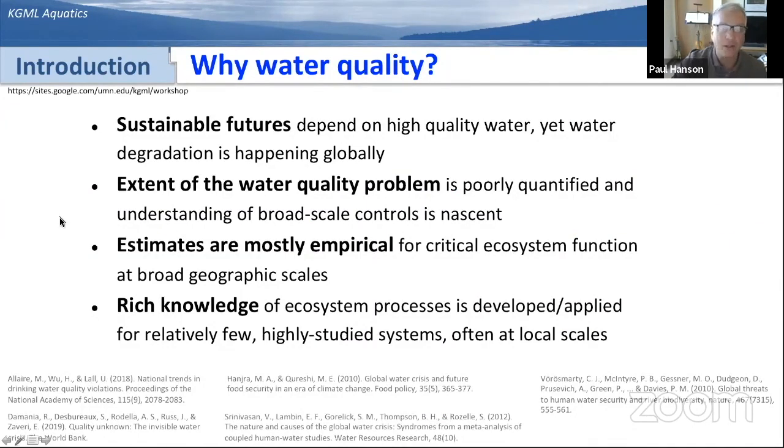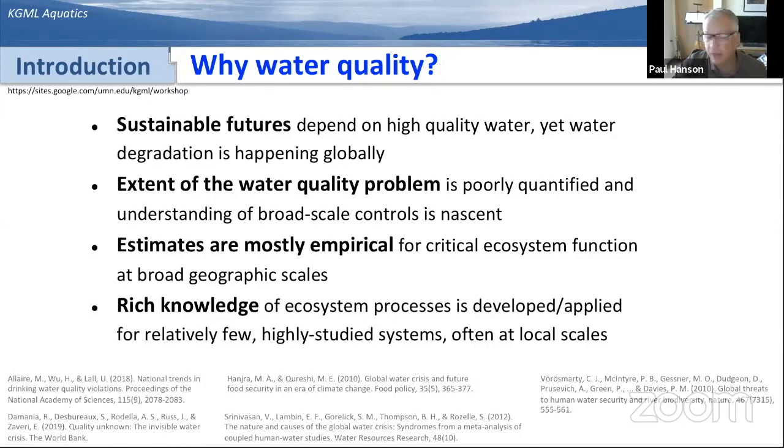You're going to hear a lot about water quality today. So why water quality? All of our futures depend on water quality. The sustainability of the planet depends on fresh water and its availability. We do know that water quality is diminishing globally, but we have a poor quantification of the state of ecosystems around the globe. And we just are beginning to understand what, especially at broad space and time scales, is affecting changes in water quality.